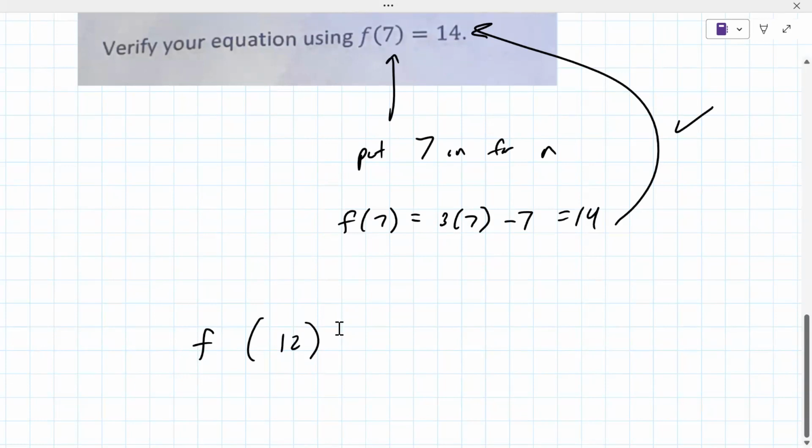Oh, you want me to calculate that too? Yes, just to see if you get it. It's not only one value, you can compute for any value. 3 times 12 minus 7.